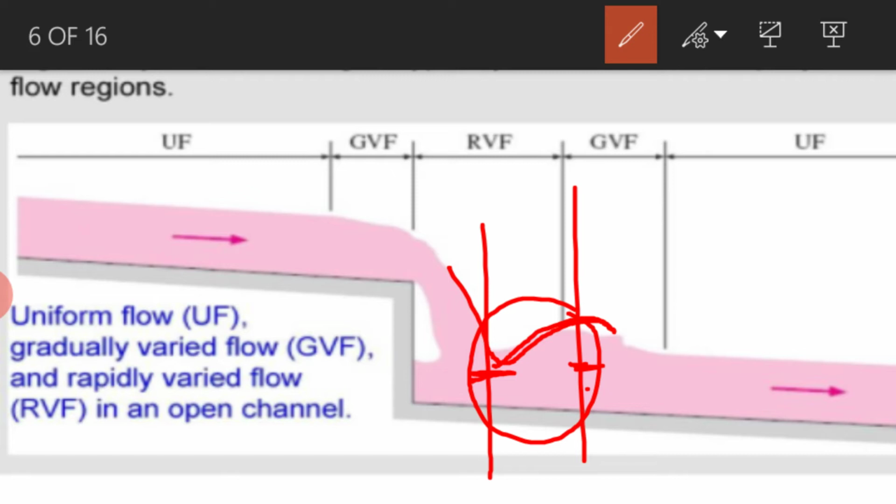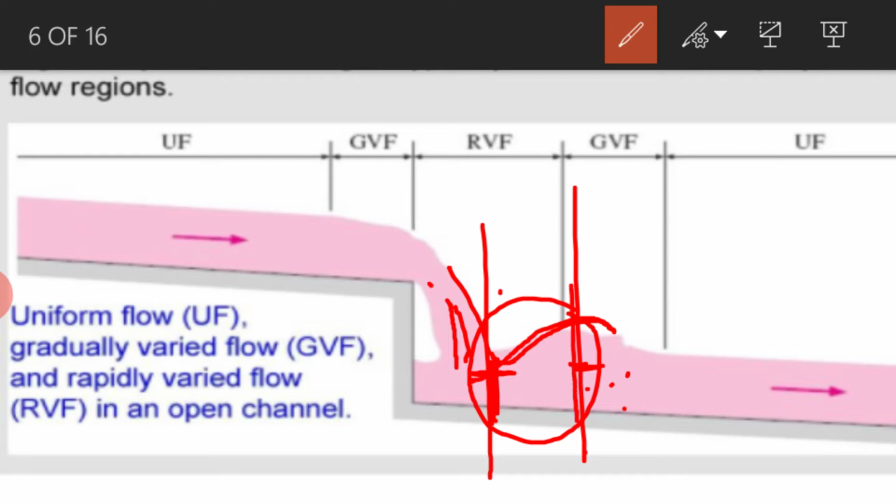And when the flow changes from supercritical to subcritical, you know about the supercritical means very high speed water to low speed water. When the flow takes place from supercritical flow to subcritical flow, supercritical means the depth of flow will be less but the velocity of flow will be high.